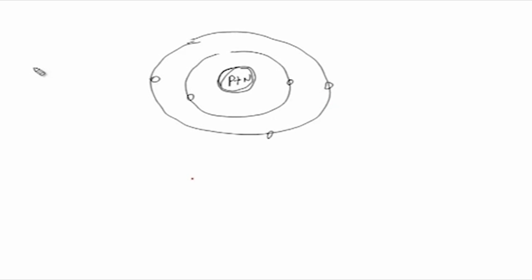Now, the atomic weight, that is the atomic mass, is given by two things: the number of neutrons and the number of protons. Z is the atomic number. The number of protons means the atomic number, and it is a characteristic value of a particular atom.